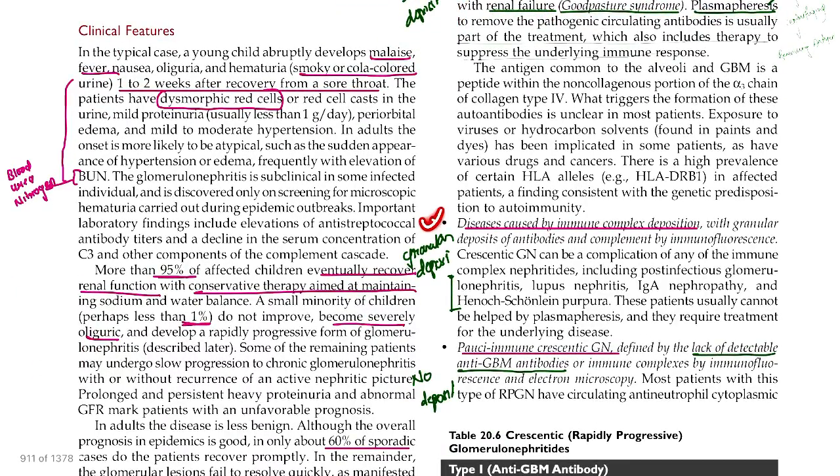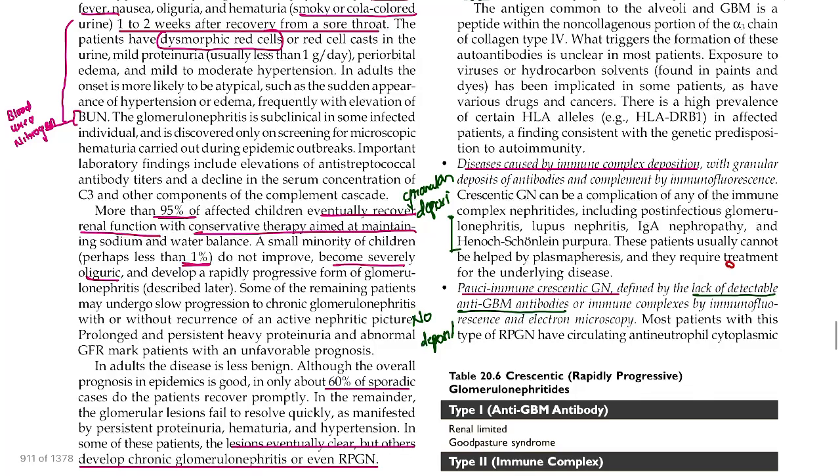Similarly, type 2 is caused by immune complex deposition. Here we talked about granular deposition, and examples like Henoch-Schonlein purpura and IgA nephropathy. It can be treated by plasmapheresis, and in order to treat it, the underlying disease should be treated.